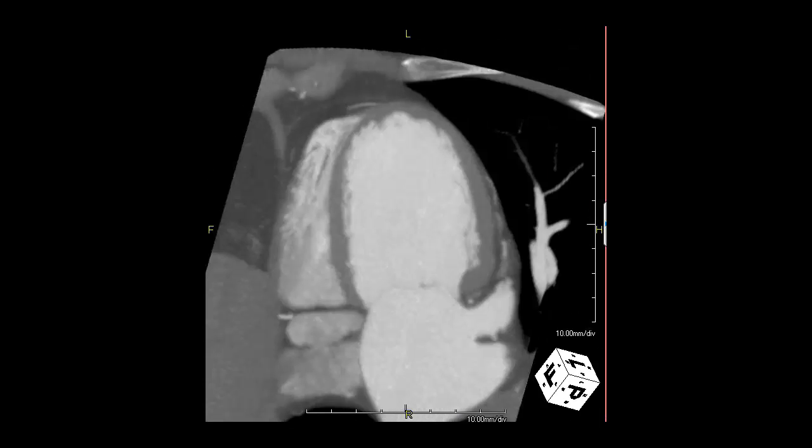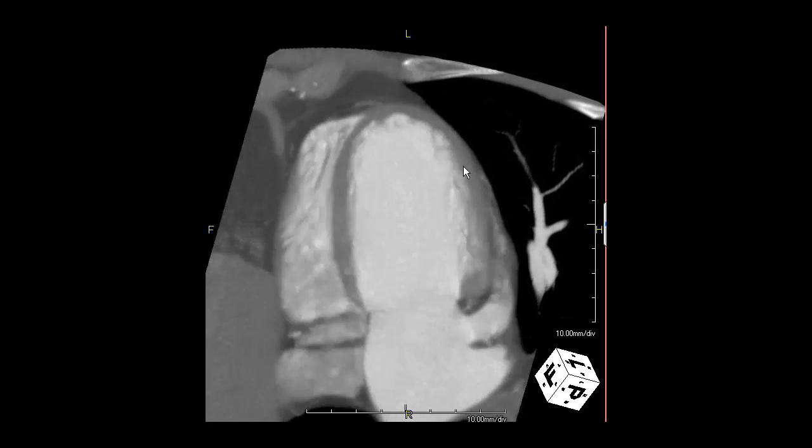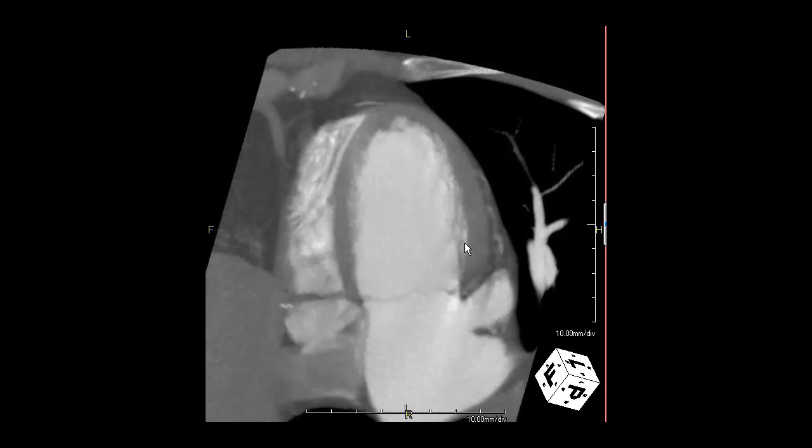Examining the global left ventricular function, here is a horizontal long axis view. Examining the function, seems to be reasonable function involving the septum, apex, and lateral wall.